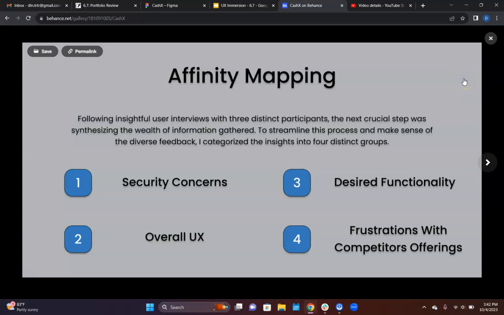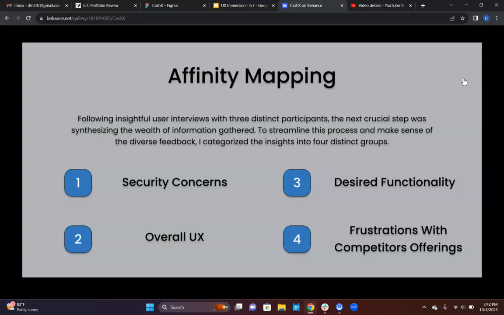After the user research phase, I put together some affinity maps, and this was helpful to try to break up the insights gained from user research into a few different categories.